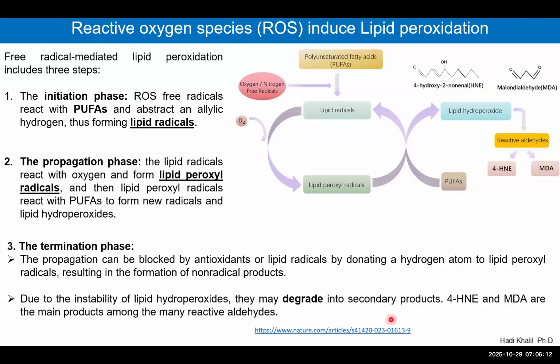The last thing that I want to emphasize on this slide is that the instability of these lipid peroxides is a problem. As I mentioned, they become degraded into the 4-HNE and MDA, and those are among the many reactive aldehydes that we see, but these are very well studied for triggering signaling pathways that cause cell death.